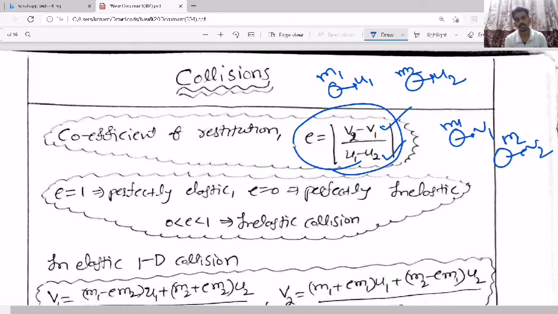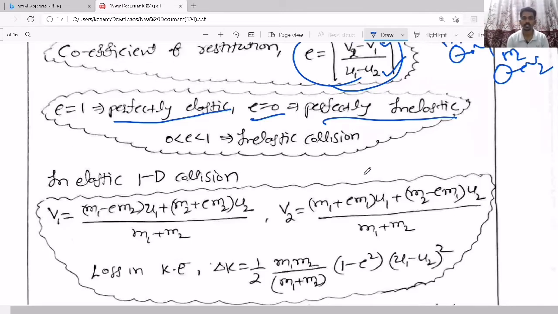Based on the coefficient of restitution, if e equals 1, that is called perfectly elastic; if e equals 0, perfectly inelastic. Perfectly elastic means if the same masses hit each other, they exchange their velocities after collision. Perfectly inelastic collision means they stick to each other and move together with a common velocity after collision. That collision we call a perfectly inelastic collision.